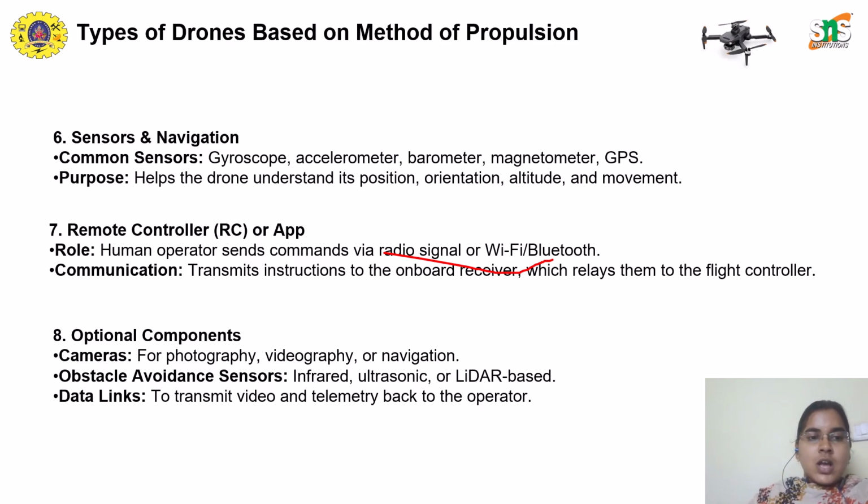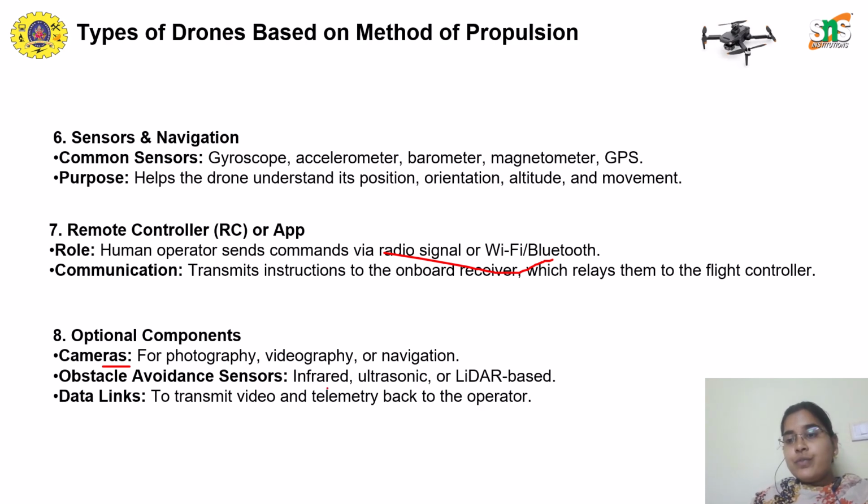Next are optional components. We have cameras, particularly for photography, videography and navigation. We also have obstacle avoidance sensors, that is infrared, ultrasonic and lidar.